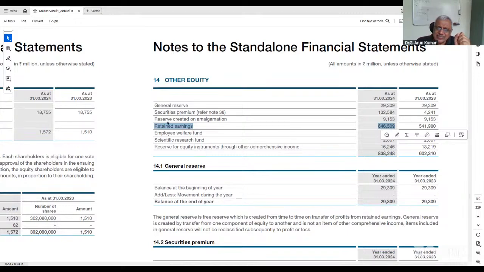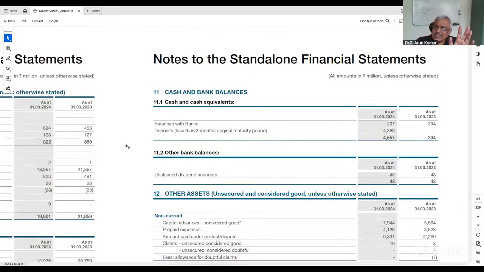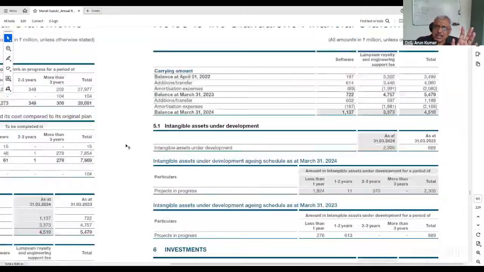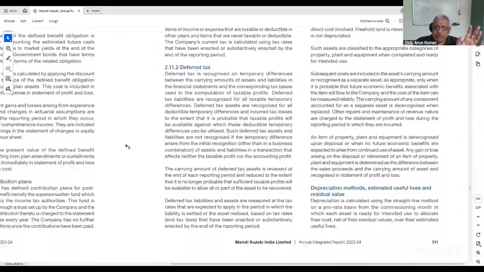That is why these are all called other equity. Some companies would call it under the head reserves and surplus, and some companies would mention it as other equity. That is just nomenclature. Now, any questions at this stage? If there are no questions, I'm going to keep moving ahead.